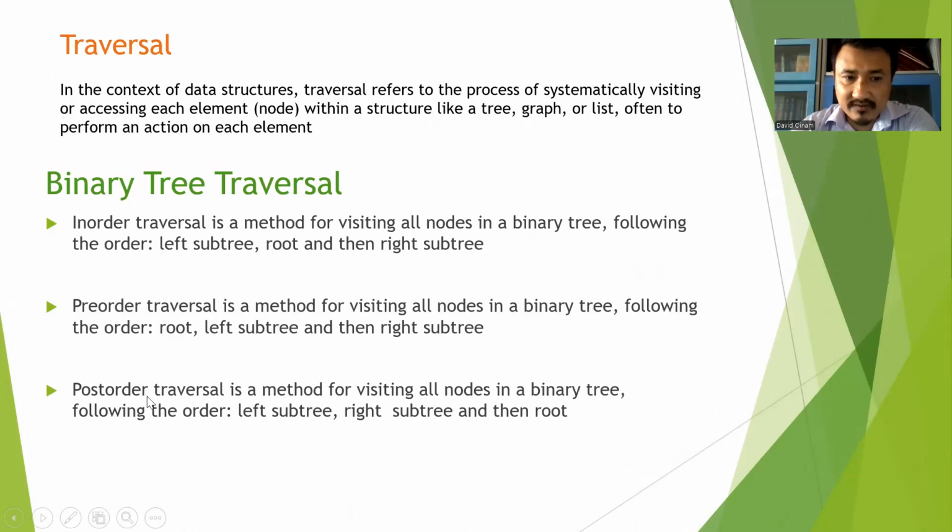And in post-order traversal, the root is at the last. So we can remember: in in-order the root will be in the middle, in pre-order the root will be first, and in post-order the root will be last. The left subtree always comes before the right subtree.